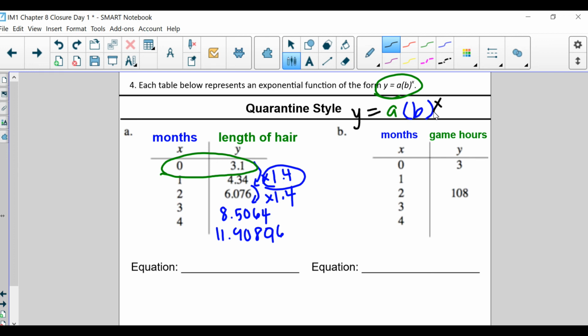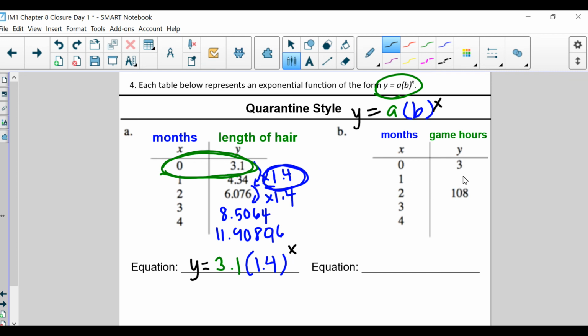So let's write that. We're going to write y is equal to a, which we found right here, and then b, which we found right here, and we're raising that to the x power.